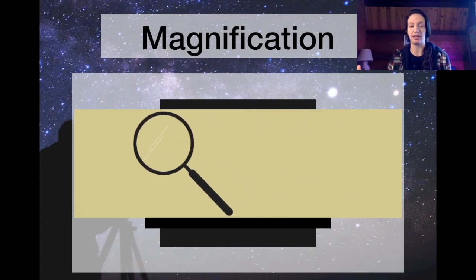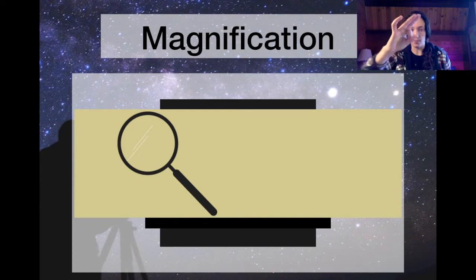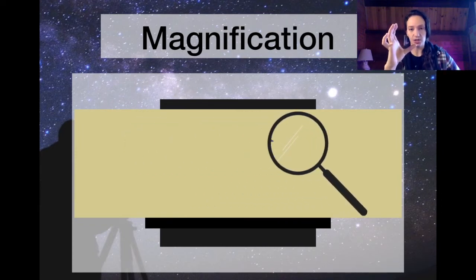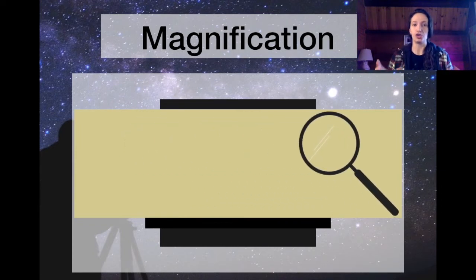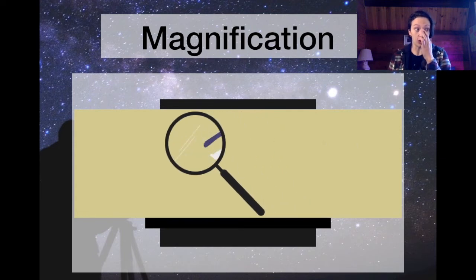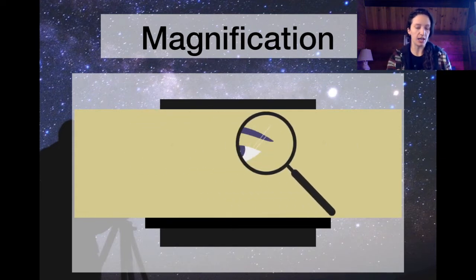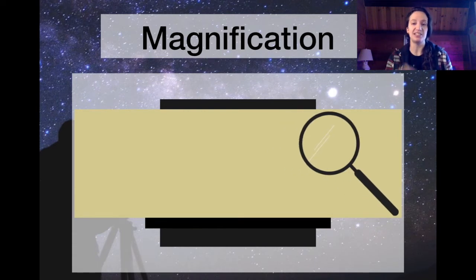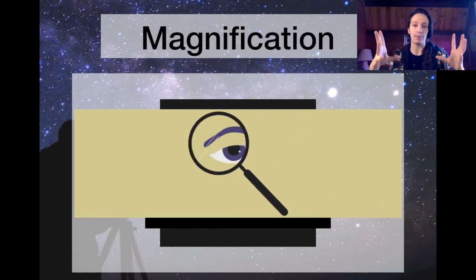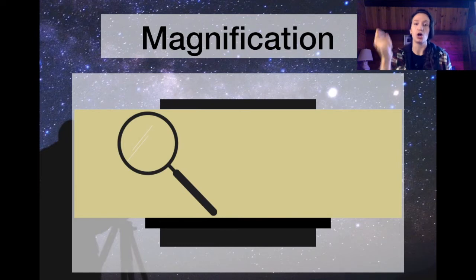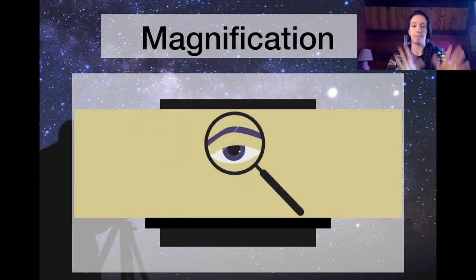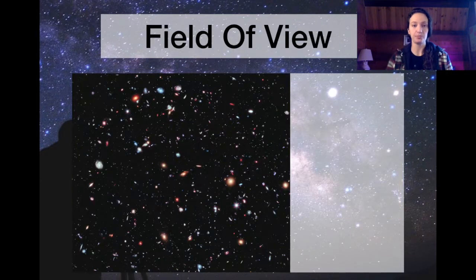You might see nothing until you pick one spot, you magnify it a lot, and suddenly you can see that there's a galaxy there or there's a star there. Magnification allows you to see something that is so small that you can't resolve or see any details, and it blows it up like you're looking through a pair of binoculars or a magnifying glass. Same principle.